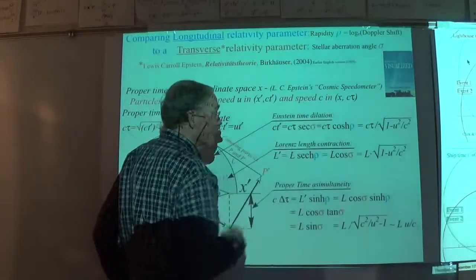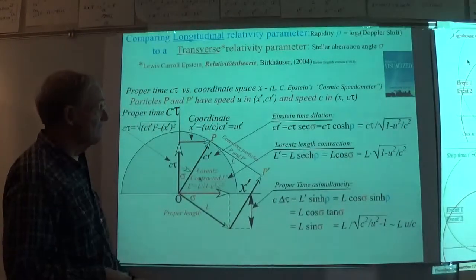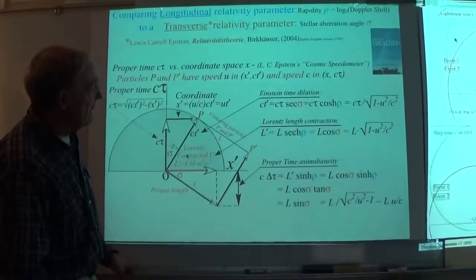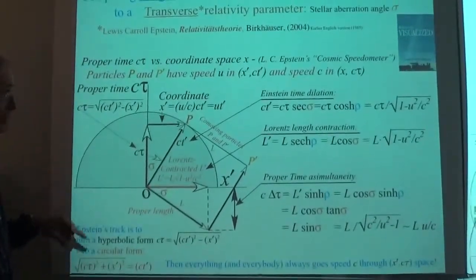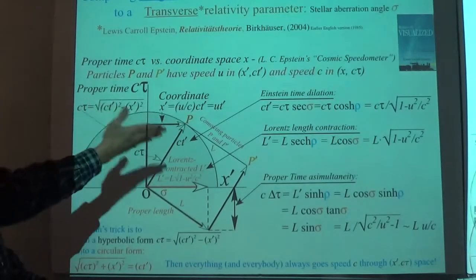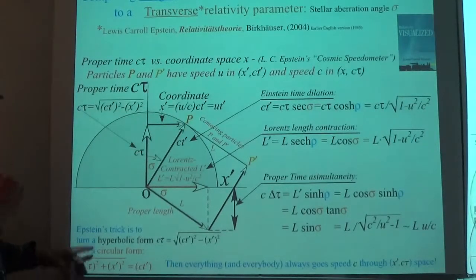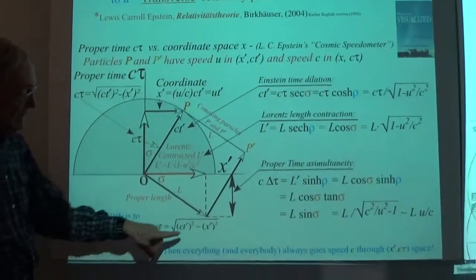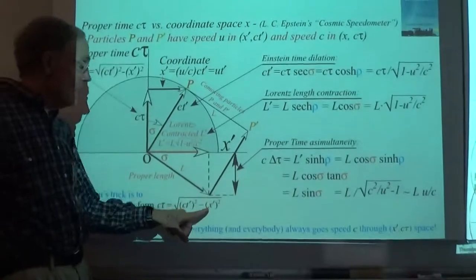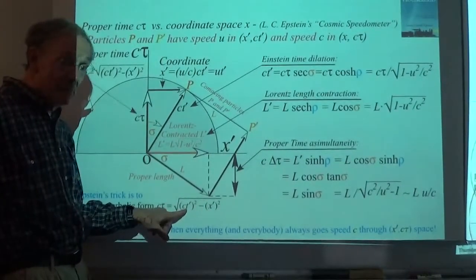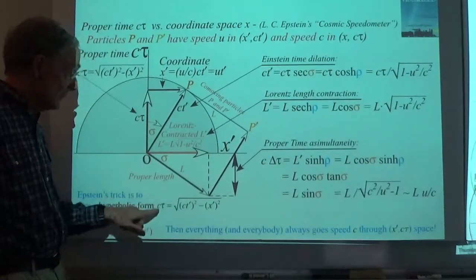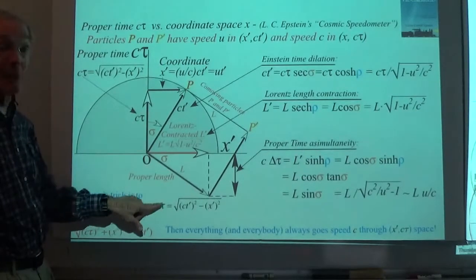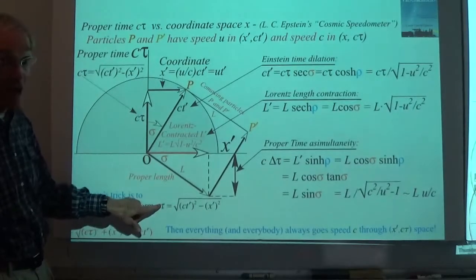Okay, so what I want you to see is a couple of the things. Time dilation, how does that happen? Okay, the way Epstein sees this, I'll go ahead and finish the algebra that goes with it first before discussing the results. His trick is to turn a hyperbolic form, that hyperbola that we talked about, that involved, say, Bob's x and Bob's t prime, being equal to Alice's time, and that would be a proper time that we're reading for her.